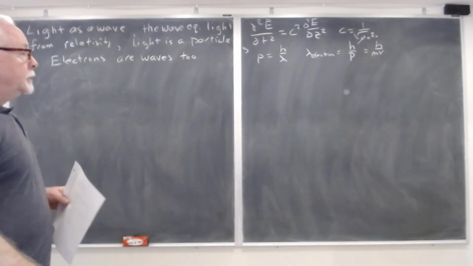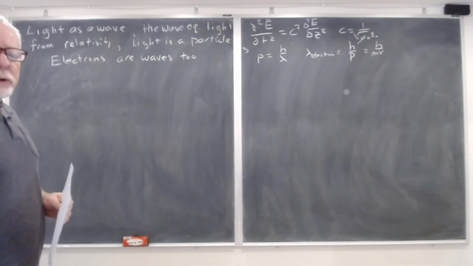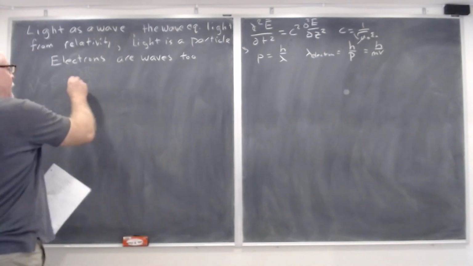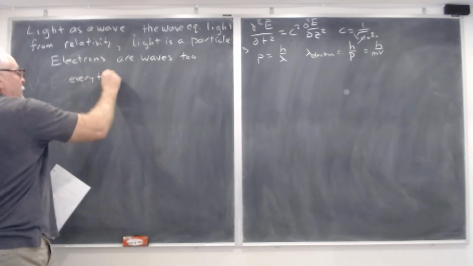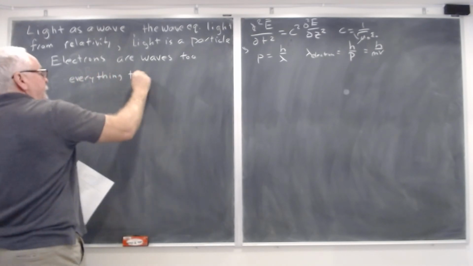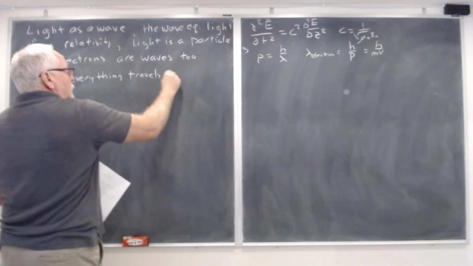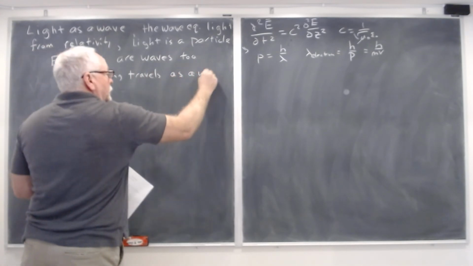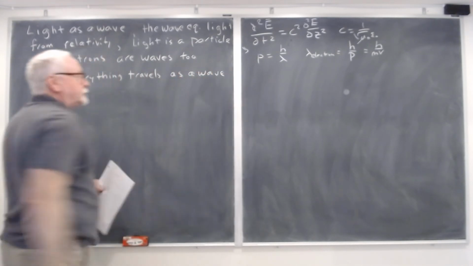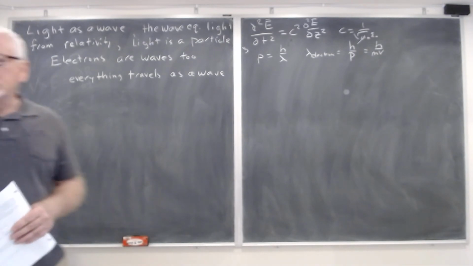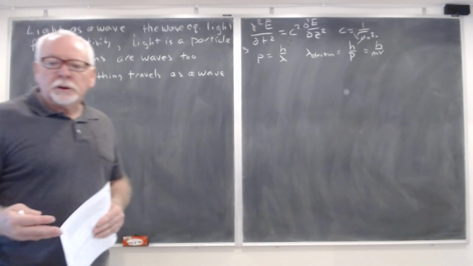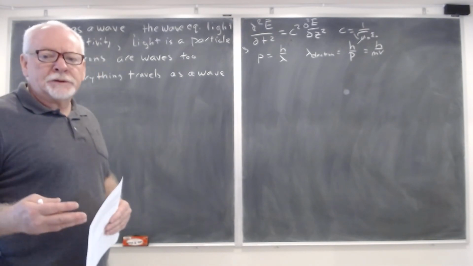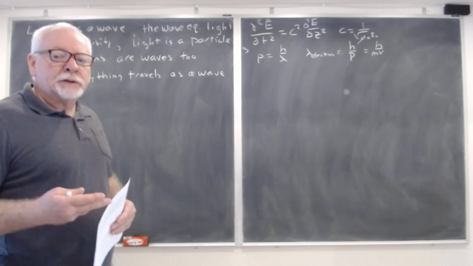Now, just interjecting here for a moment, what we're saying is that everything travels as a wave. Meaning, as a particle, whether it's a photon or an electron, propagates through space, it behaves like a wave.